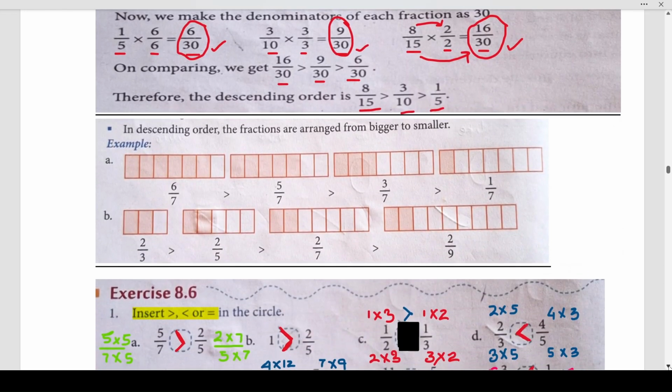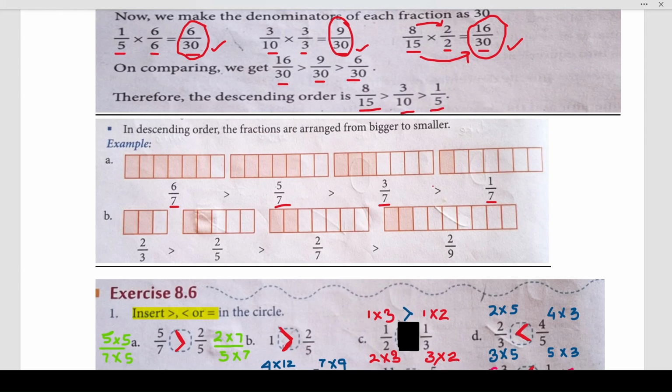As an example, you can see the four fractions are 6 by 7, 5 by 7, 3 by 7 and 1 by 7. Now, when these four fractions are given to you, you can see that the denominators are the same. That means they are all like fractions. So, when the denominators are the same, you have to compare the numerators: 6, 5, 3 and 1.